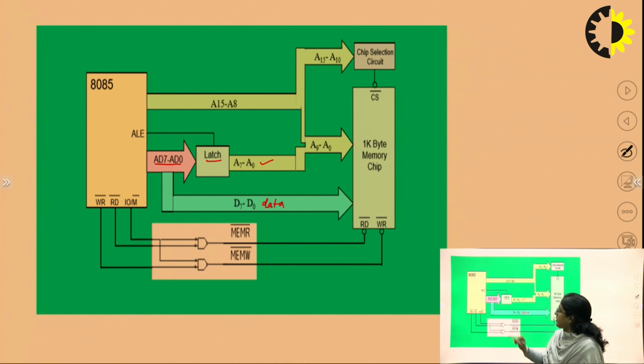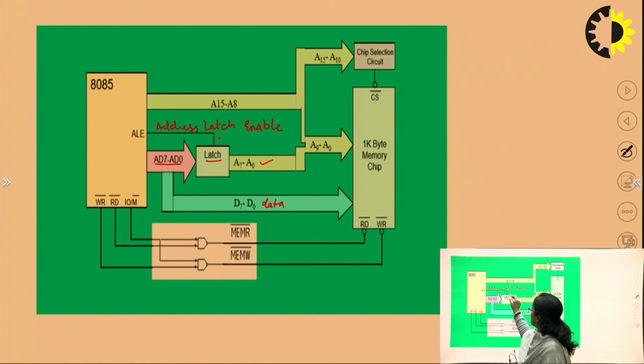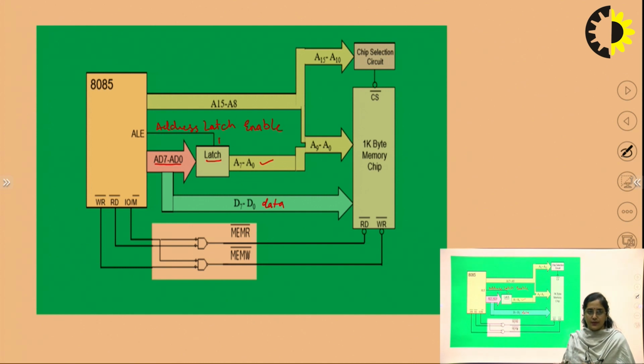ALE is the address latch enable signal. This signal is used to demultiplex the lower order address and data lines, so this signal will enable the latch. Whenever we have to place an address on the address bus, the ALE signal must be high, indicating that the lower order address lines are carrying the address.